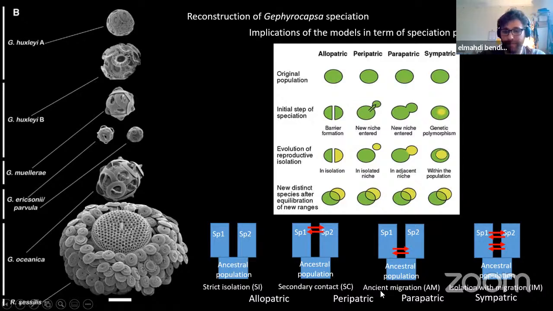And then the same with the ancient migration model. It can be in between the peripatric and the parapatric. It can also touch a bit of the sympatric and the ancestral. The isolation with migration is clearly the extreme of that gradient of speciation.